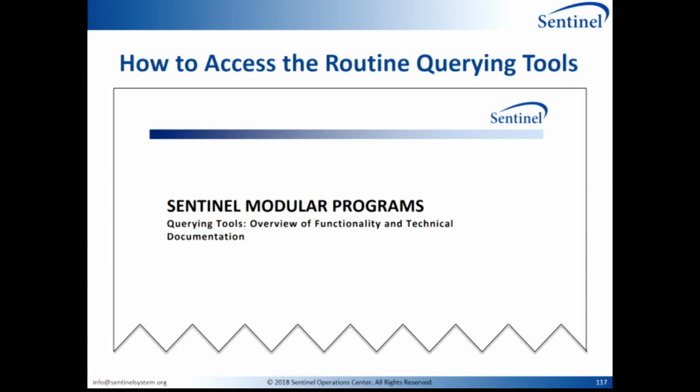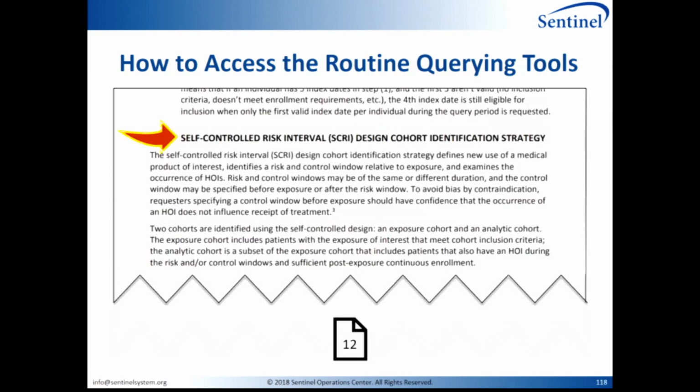It's a long PDF that looks like this, and on page 12, you can find the description of the self-controlled risk interval design, and also directions for how to specify a self-controlled risk interval analysis using the tools that we're talking about today. So we hope that you will go online and read this documentation and download our tools to use it.